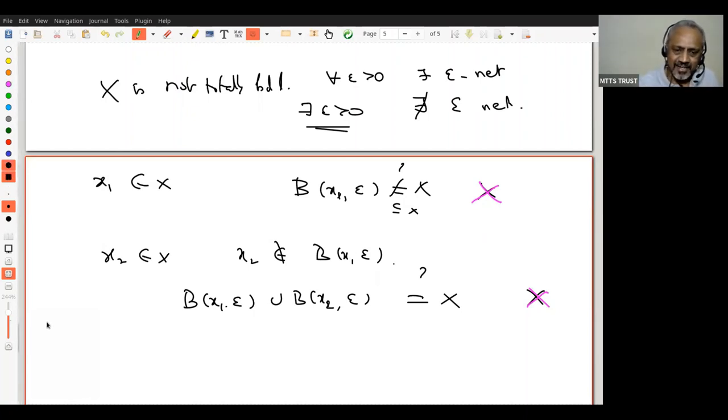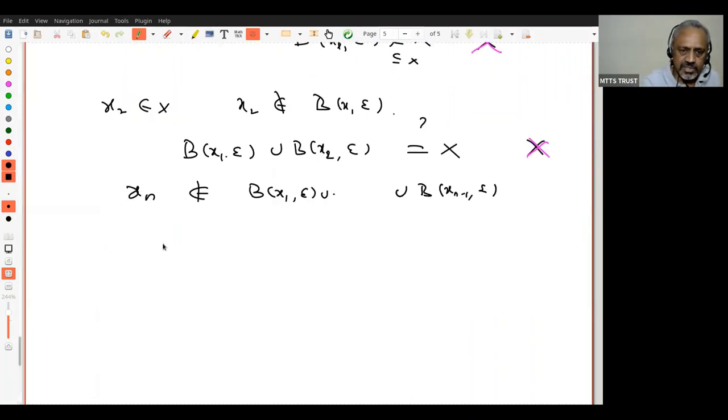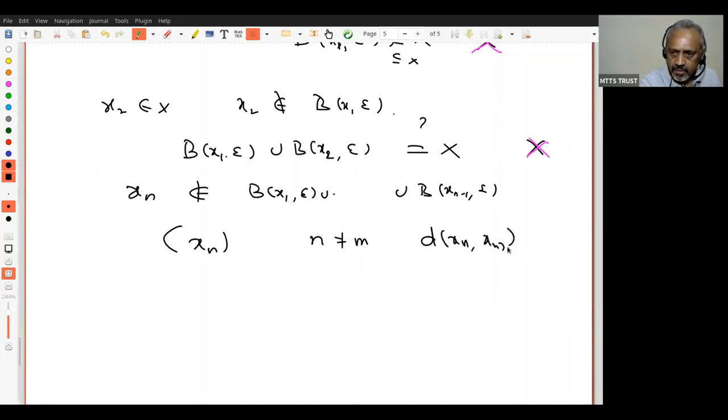Okay, now I can prove by induction that there exists xn which is not in B(x1, epsilon) union etc. union B(xn-1, epsilon). Therefore, by induction, I have constructed a sequence xn. What property? When n is not equal to m, the distance between xn and xm is greater than or equal to epsilon. Do you understand this?